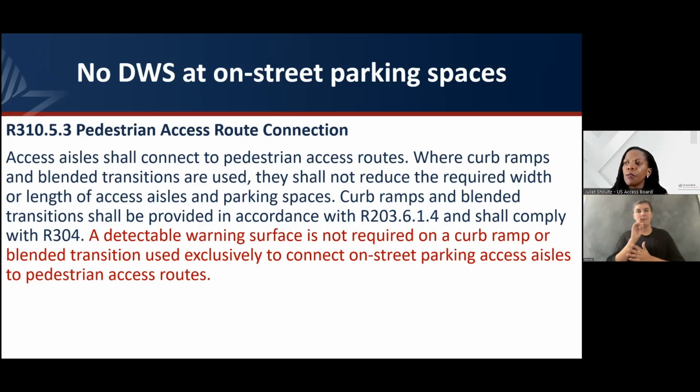It gets confusing if you put detectable warning surfaces at curb ramps or blended transitions that exclusively serve on-street parking spaces. It could get confused for a crosswalk. So again, if that curb ramp or blended transition is used exclusively to connect the on-street parking access aisle to pedestrian access routes, you should not be putting detectable warning surfaces there.